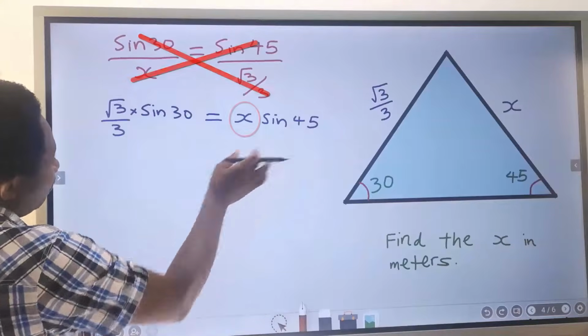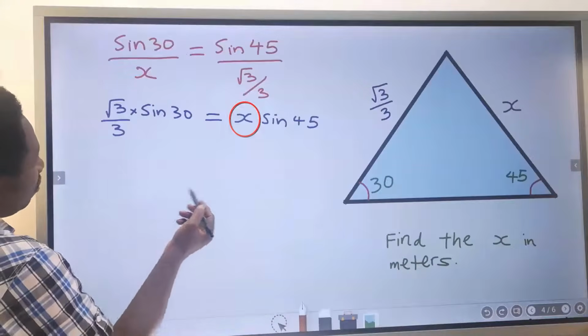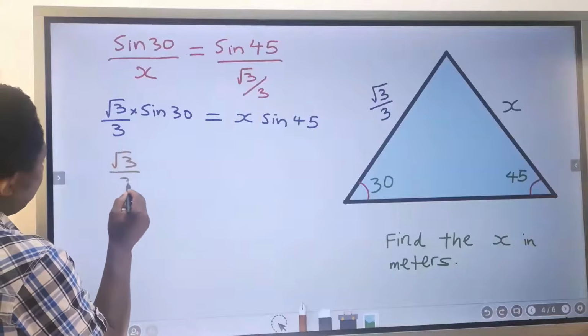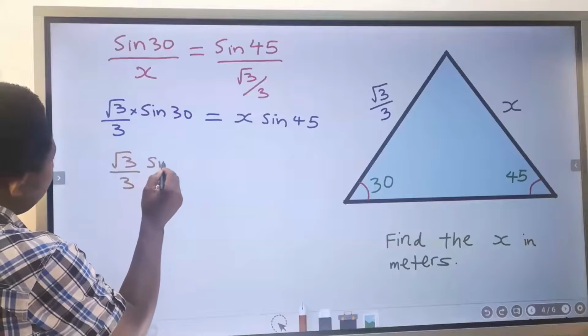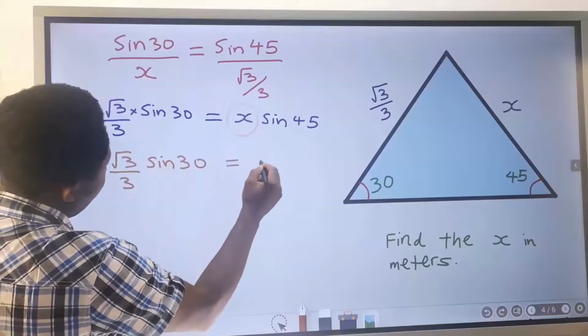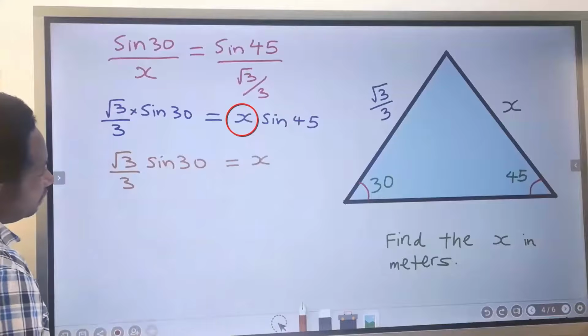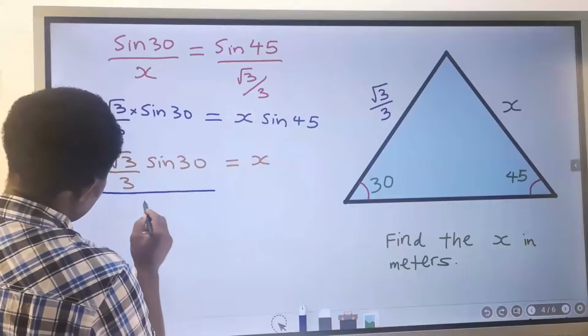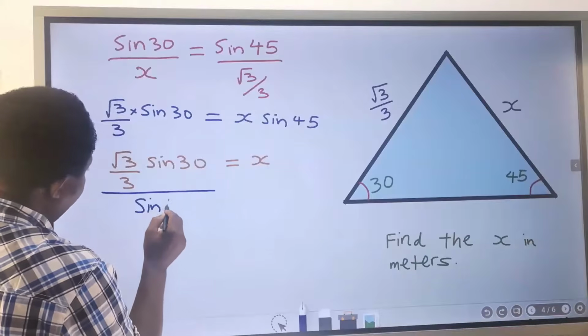Next, we are looking for x. Then we're going to have the square root of 3 divided by 3 times sine 30 degrees. Here we are going to be left with only x. Sine 45 will come down to divide.